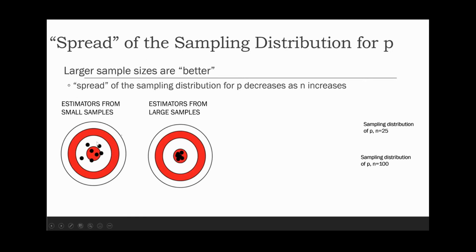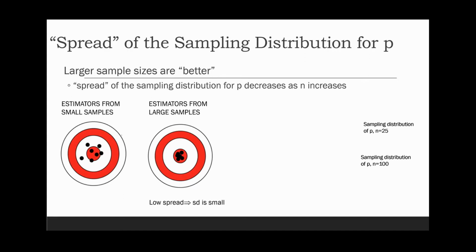The shots, what we actually get from the samples, are the sample estimates. When you have smaller samples, the estimates are more spread out because you can't average the extreme values as well. Whereas with larger samples, you get better averaging, and they're closer to the bullseye, or the population parameter. This conceptual picture makes sense, but we want to get a more quantitative understanding.